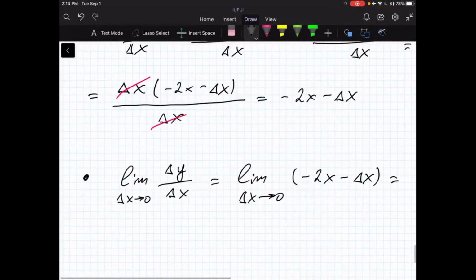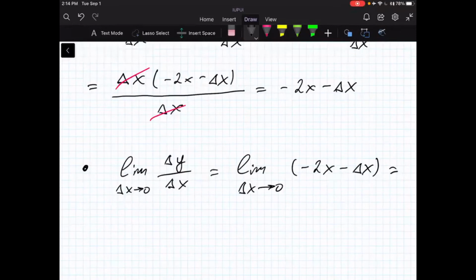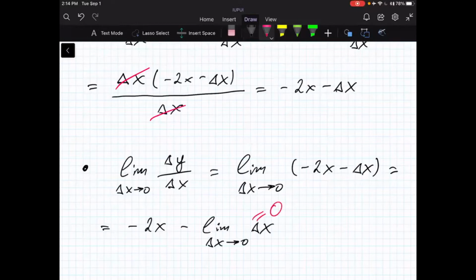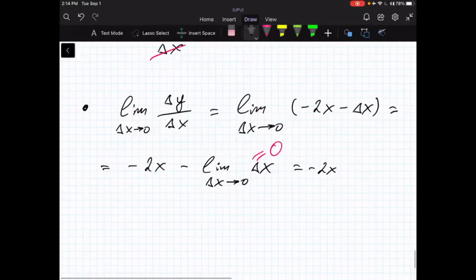But x doesn't depend on delta x, so I can write down minus 2x, because in some sense it's a constant for this limit, and I get the limit as delta x goes to 0 of delta x. But this is, of course, just 0. And so the final answer is minus 2x.